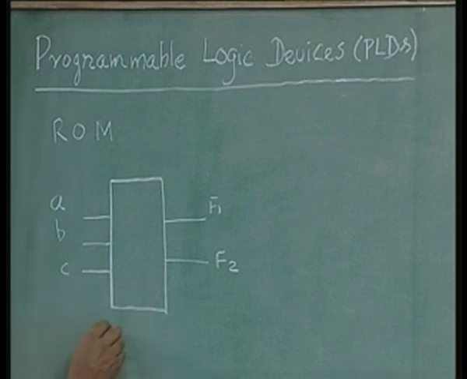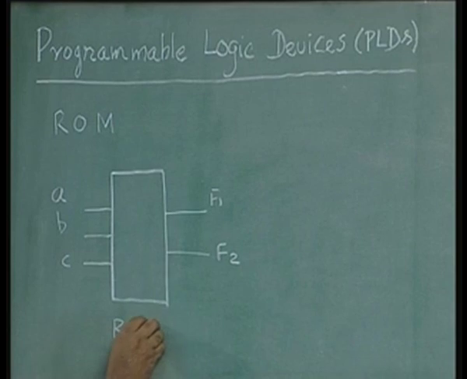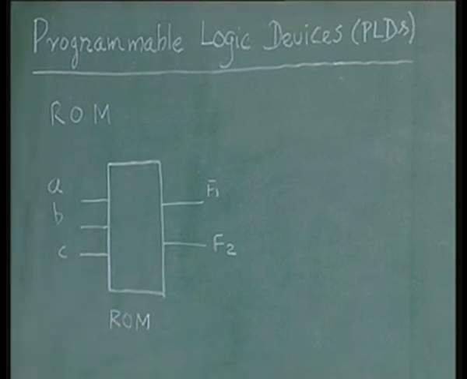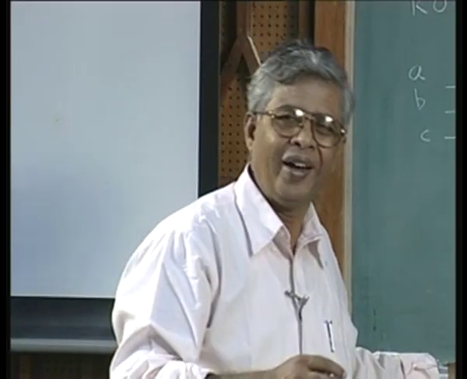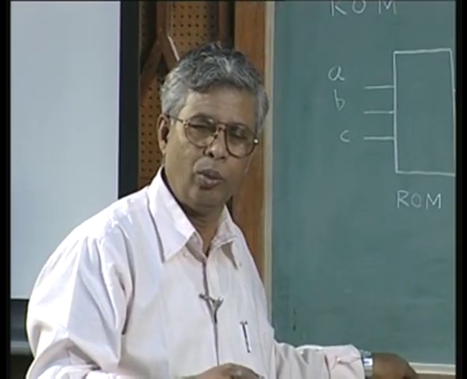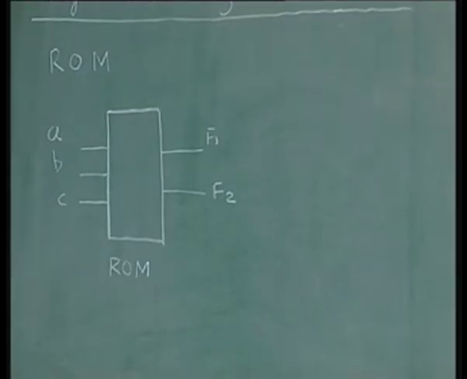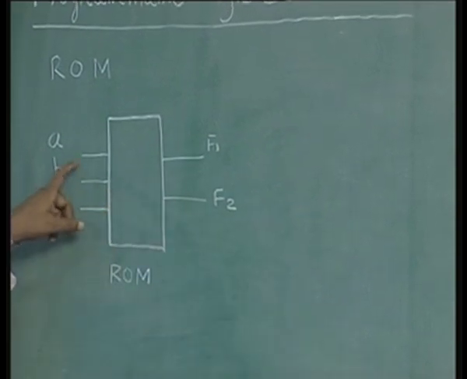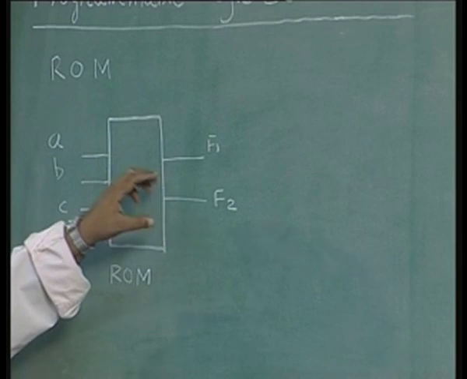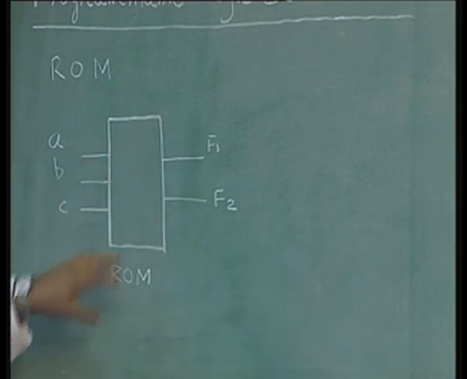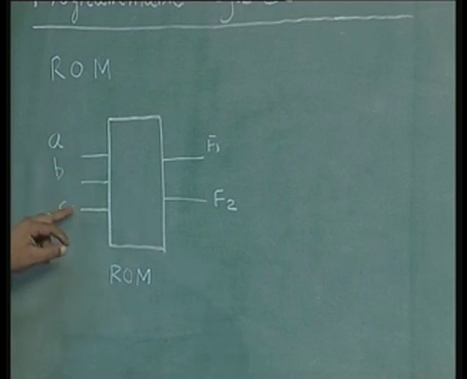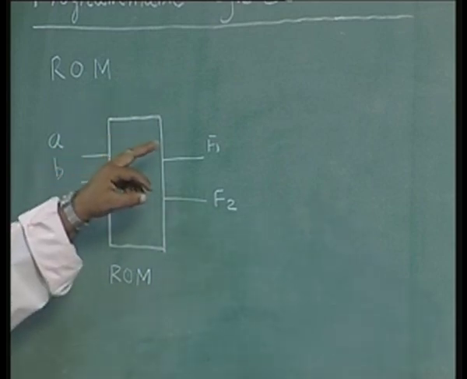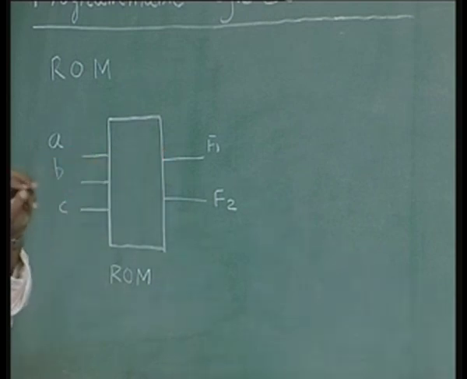So, this is a ROM. ROM is nothing but a hardwired truth table or hardware truth table as you will, and the combination of the input for which F1 is 0 and the combination for which F1 is 1 will be stored in this ROM, and whenever a particular combination of ABC occurs, the corresponding output 1 or 0 will come out of F1, similarly for F2.